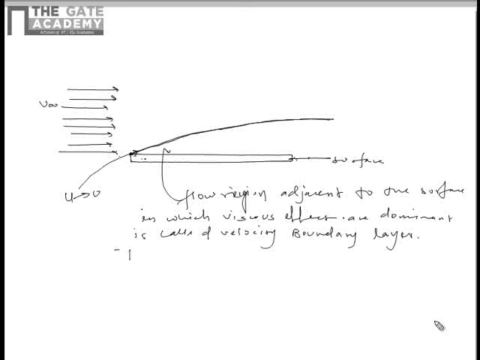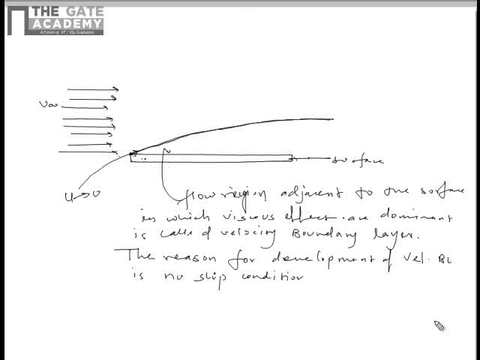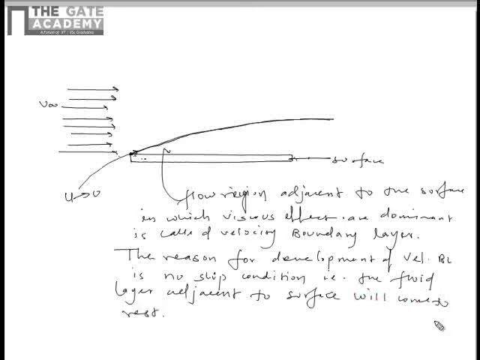Okay, and the reason for the development of the velocity boundary layer is the no slip condition. That is, the fluid layer adjacent to the surface will come to rest.